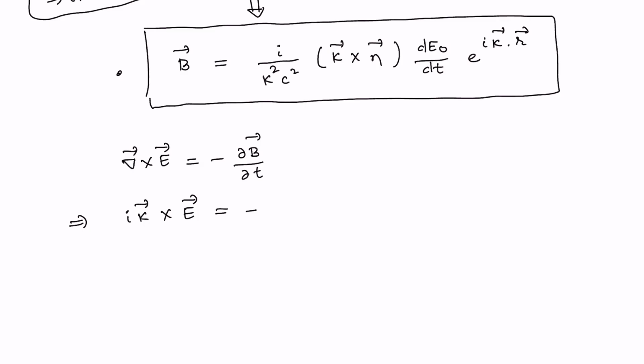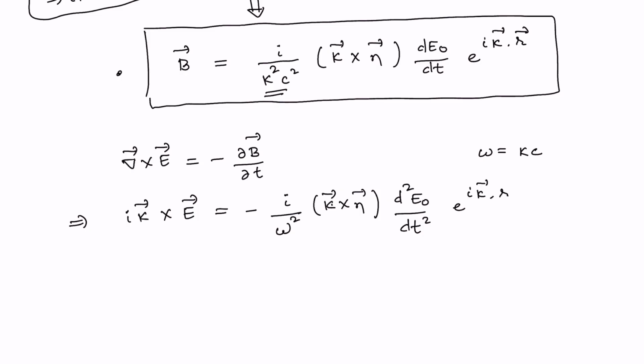Then I will get i by omega squared, where omega is equal to kc, so k squared c squared is equal to omega squared, and I have k cross eta, and taking the time derivative, d2 E0 dt2 e to the power i k dot r.